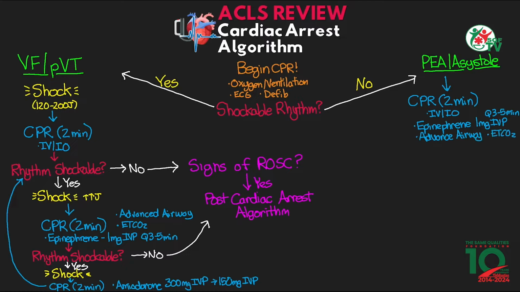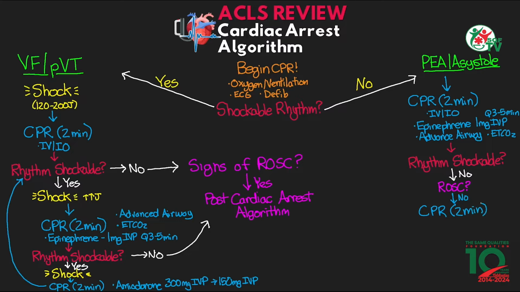So as soon as the 2 minutes are up, just as we've been doing on the left branch, we want to do a rhythm check and see whether or not they have a shockable rhythm. If it's not a shockable rhythm, again, we want to assess whether or not we have ROSC in our patient. And if not, immediately resume high-quality CPR.